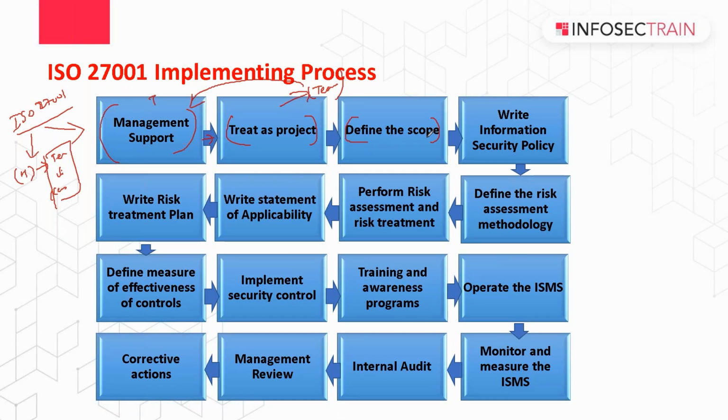What will be my business function? What will be my supporting asset? Under that organization context, including your business objective, or you can say the legal and regulatory requirement, what are your external and internal factors which can affect the ISMS? Include those as well. Define your information security roles, responsibility, authorities within the organization.